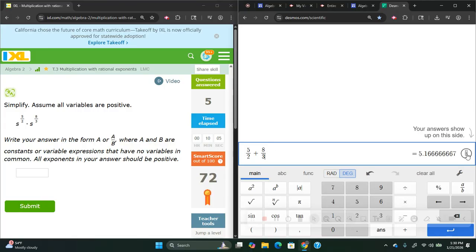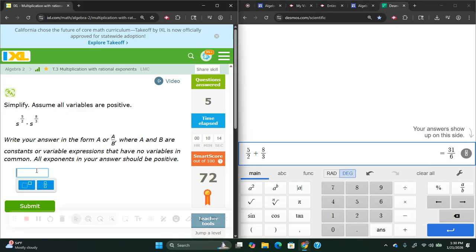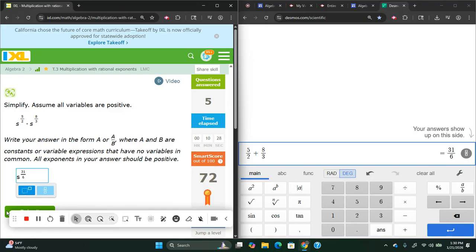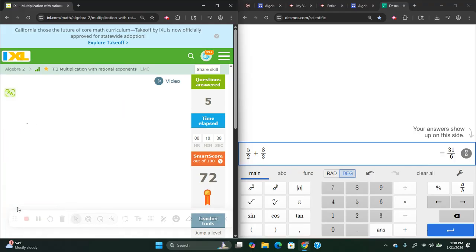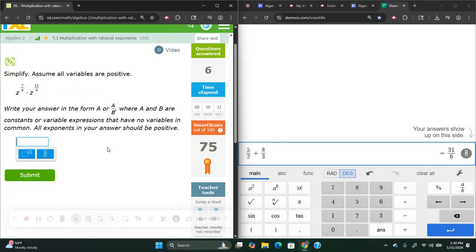Make sure you click on the converted fraction, so it's 31 over 6. I just use the calculator to double check. So the answer would be s power, the power should be 31 over 6. Okay, submit, voila.